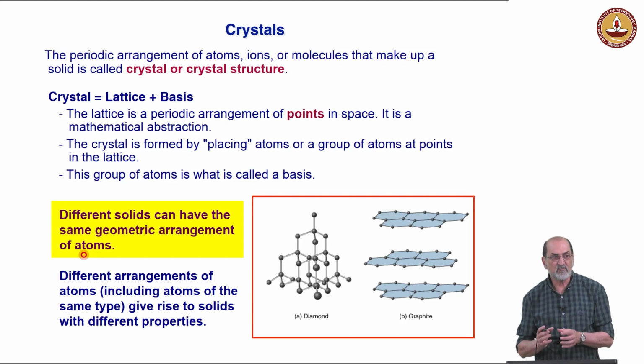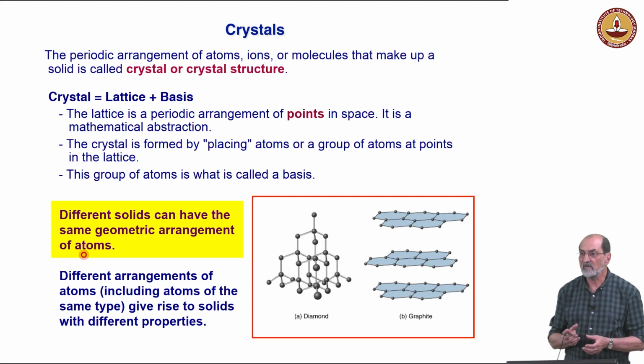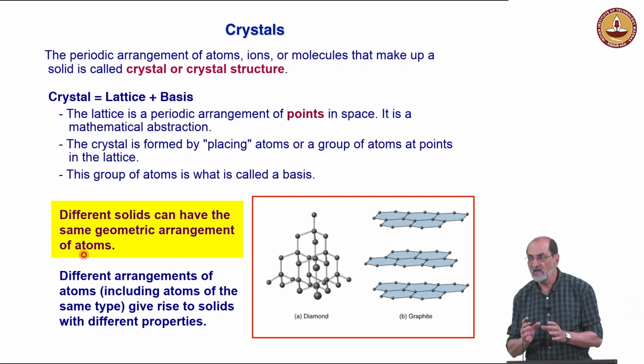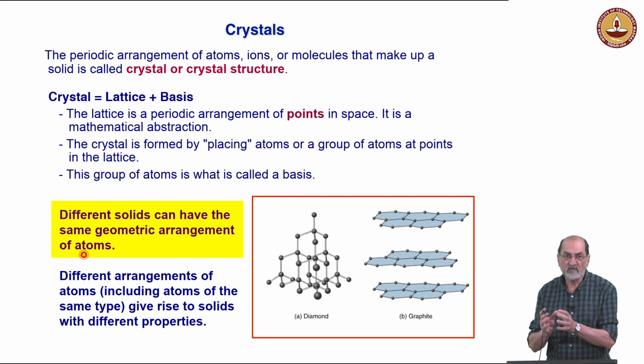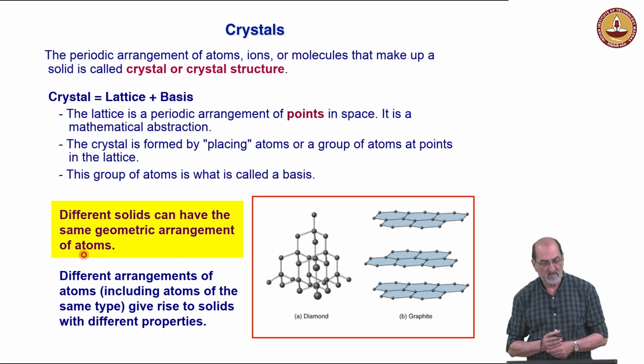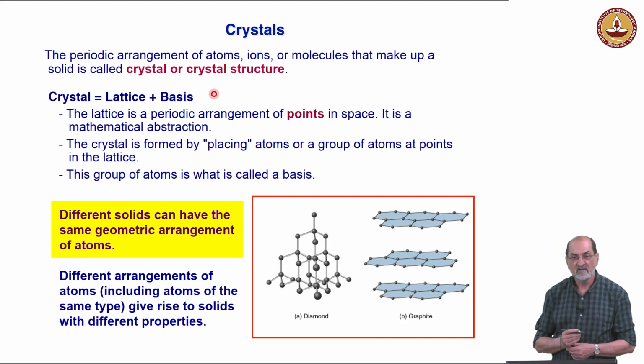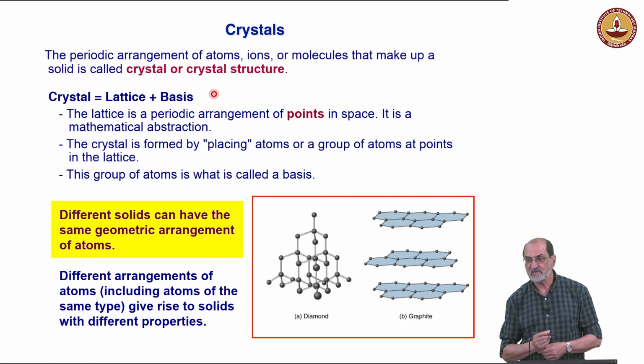So the crystal forms when we add a basis, that group of atoms. That group of atoms can be just a single atom. When we put that single atom or group of atoms at any point in the lattice, we have the crystal. This is not a mathematical equation, just a way of saying things. The crystal forms when we sum a lattice and a basis.